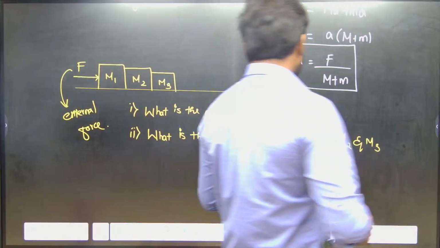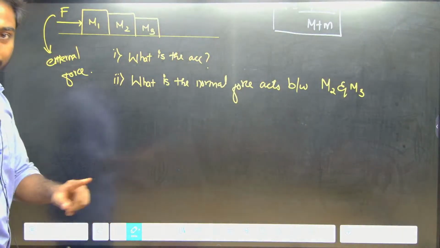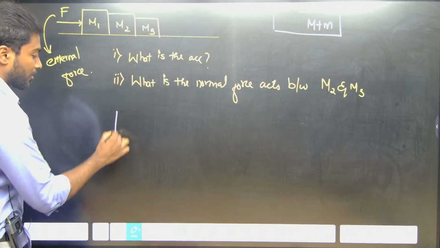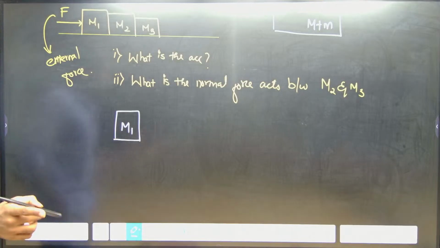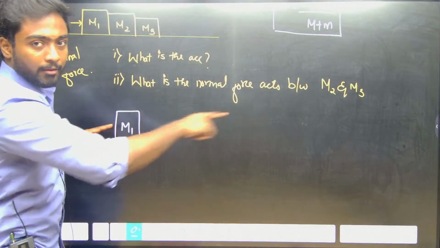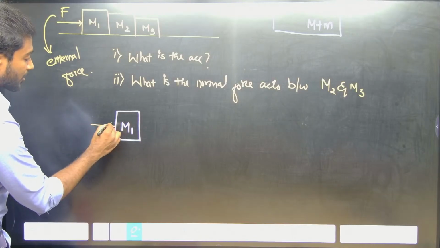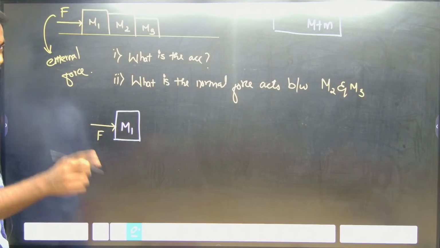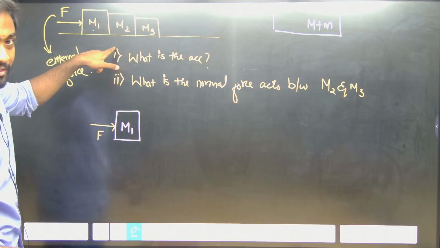So for the first question, what we will do? We will draw the free body diagram, right? Let me take the M1 block. What forces are acting in the x direction, I am talking about the x direction. One is the external force F, and the other force is there. So this is block M1, and this is my surface M2.